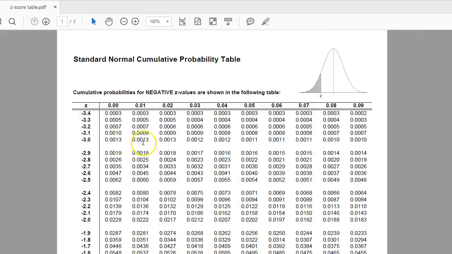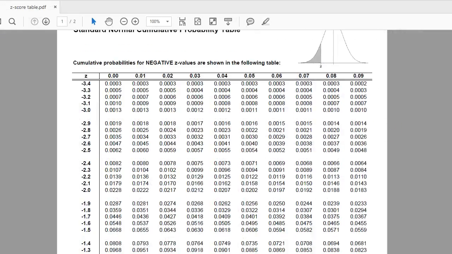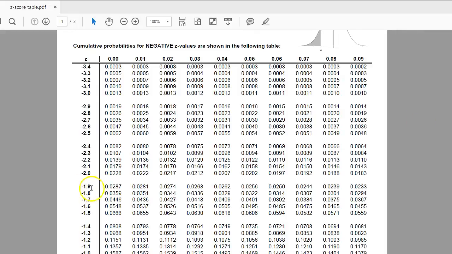So we want to look up negative 1.93. What we're going to do is find the negative 1.9 on the left, right here. And the 3 is going to come from the top. So we're always going to go 2 places past the decimal. The ones place and the tenths place is going to be on the left side. The hundredths place is going to be at the top. And when you put those together, negative 1.93, the intersection is the answer.